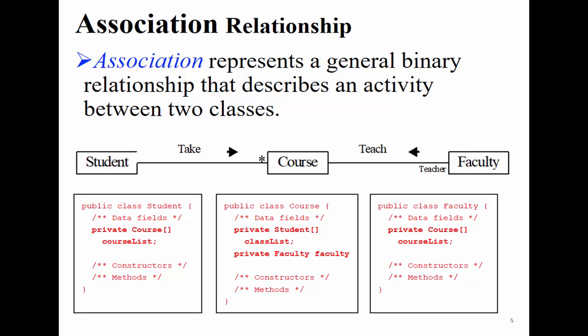You have three classes in your application: student, course, and faculty member, and this is how we implement the relation between these classes. You can see we maintain an ArrayList, a student list, a course list, and we also have a course list inside the faculty. The name of the ArrayList is the same, but it has a different meaning in each one of these classes.